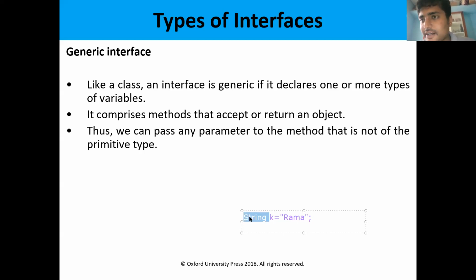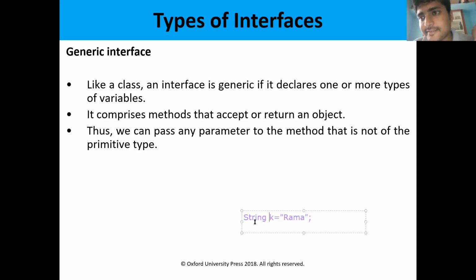So here String is not a primitive data type. String is a class, a predefined class name. So this is generic. String k = Rama, so k is a variable of type String. String is a non-primitive data type, a class name.